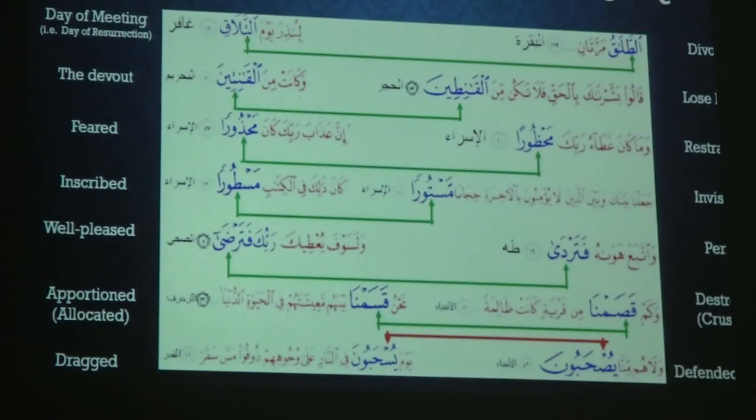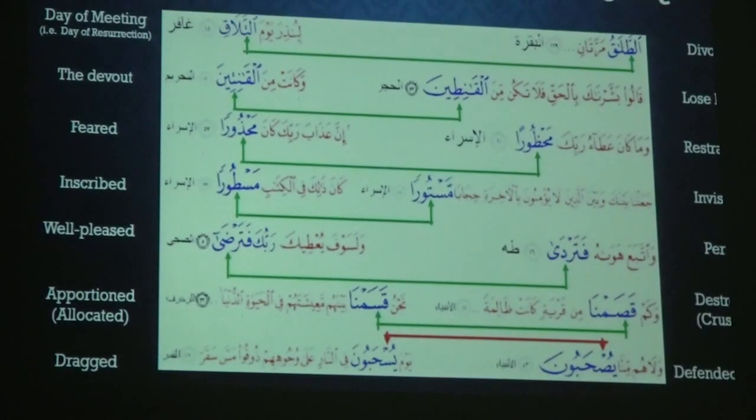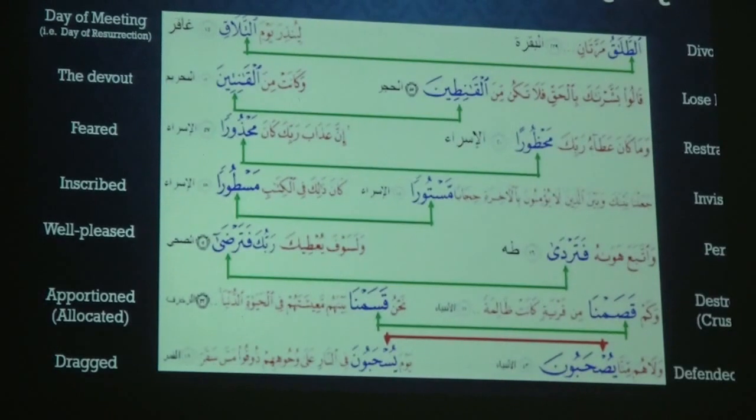It was not part of the original script, which means that the people at the time used to write it without that alif, but they used to pronounce the alif. And this one, they used to write it with an actual alif. This is the difference. And this is how they write these things in the Quran. Which means this one, this alif here, is also not part of the original script.